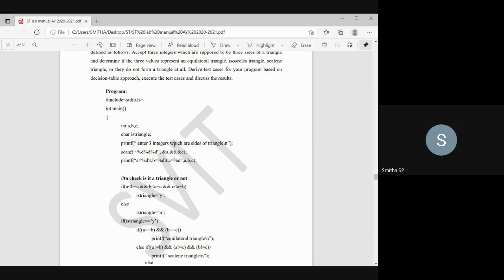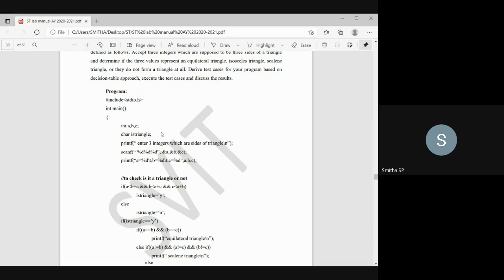Then you enter the three integer values, and read those values using scanf. Then a printf statement is used to print those sides, the values we have entered for the sides of a triangle.